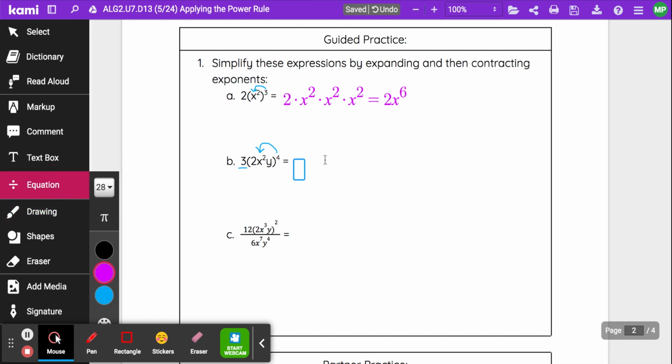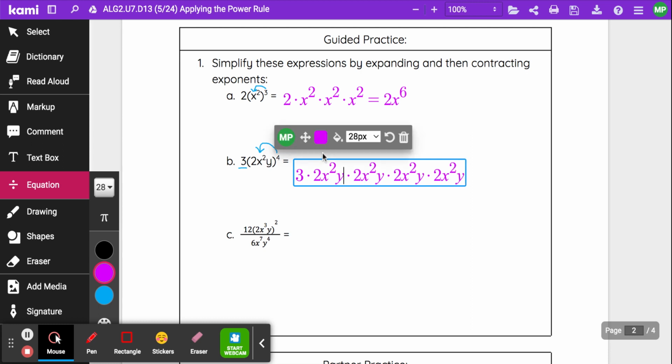So that means I've got 3 times 2 x to the power of 2 y. I'm going to do that 4 times: 2 x to the power of 2 y, 2 more times 2 x to the power of 2 y, x to the power of 2 y.